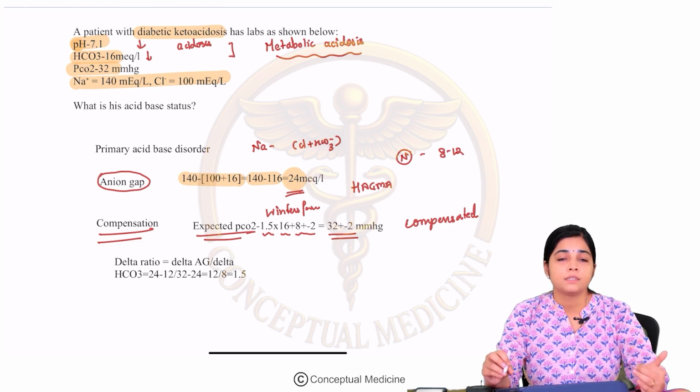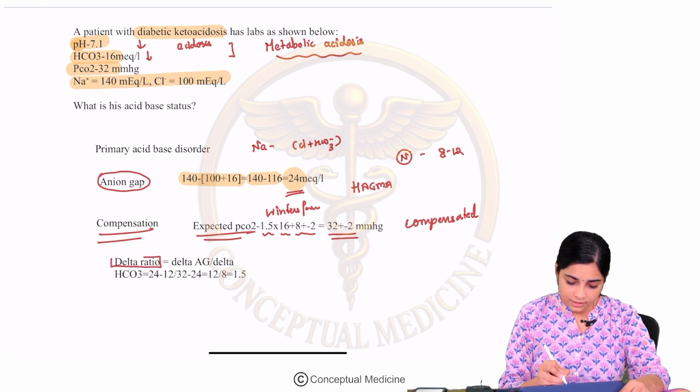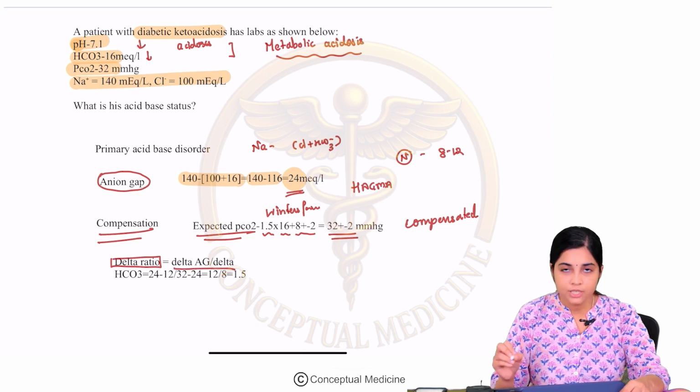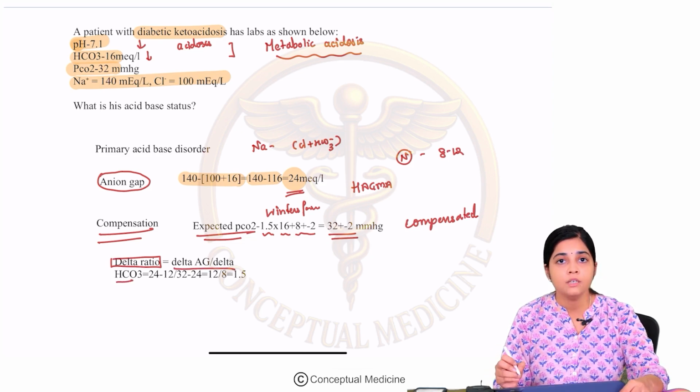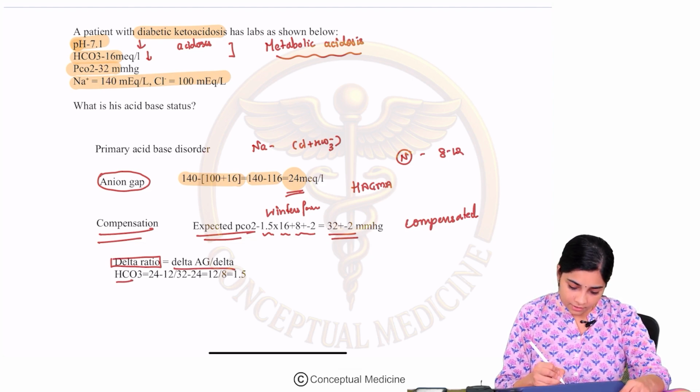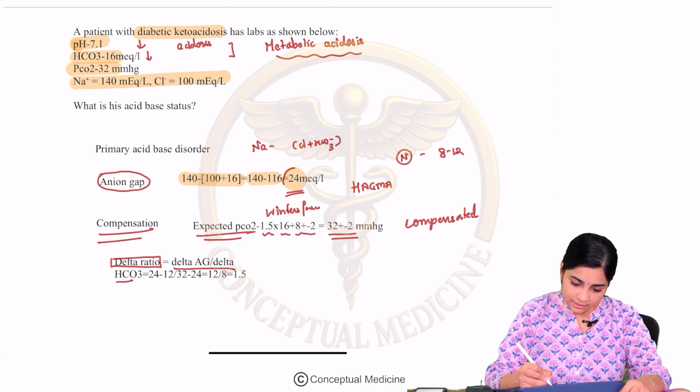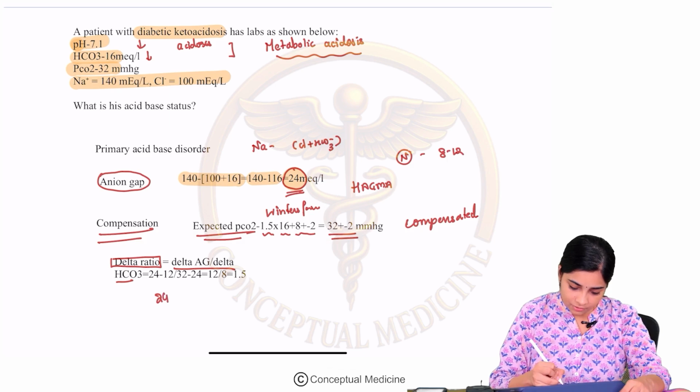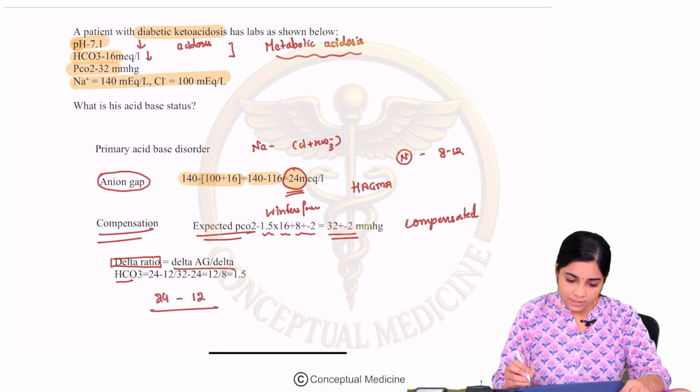Now you have to see whether this HAGMA is associated with anything else or not. For that we do the delta ratio, which is given by change in the anion gap by change in the bicarbonate. So what is the anion gap here? The calculated anion gap is 24. Normal anion gap is what? It is 12. By what is the change in the bicarbonate?